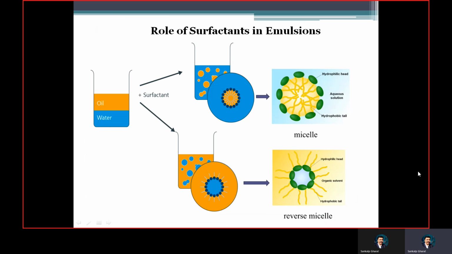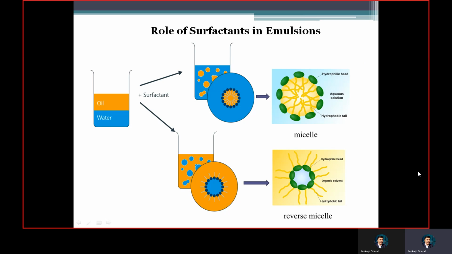So what is the role of surfactant in emulsion? When we mix oil and water, they won't get mixed unless we add a surfactant. In the first case on your screen, oil droplets are dispersed in the external phase, that is water. Here the surfactant will reduce the surface tension.